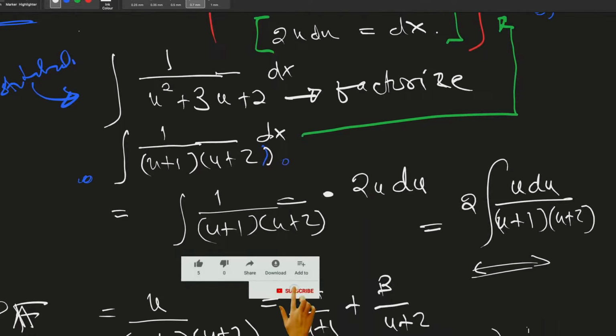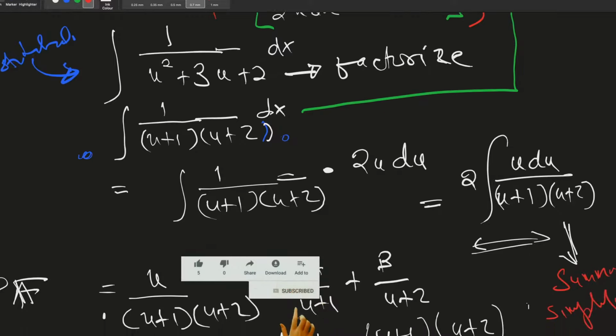So the integral eventually became 1 over u plus 1 into bracket u plus 2, times 2u du. And this was the summary of the simplification.